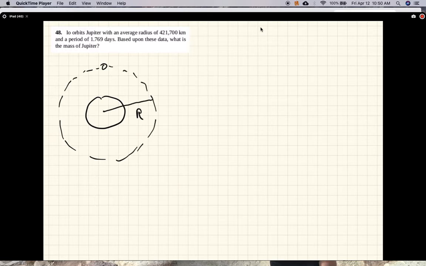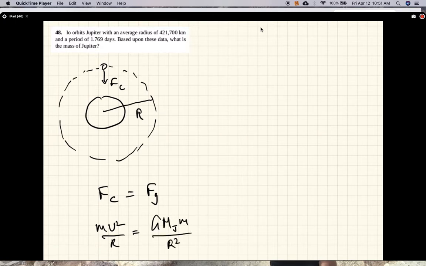So the centripetal force is being provided by the gravitational force. The gravitational force provides the centripetal force, so mv squared by r should equal G M, the mass of Jupiter, divided by r squared. One of the r's cancels and the m's cancel. What are we trying to find?